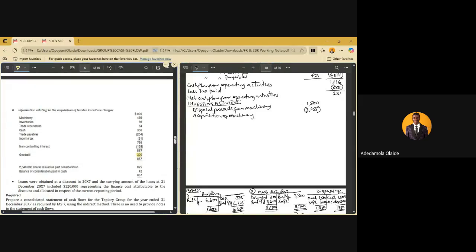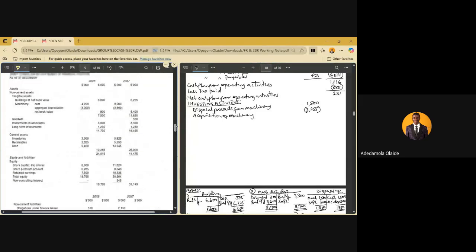Having done that, we've already ascertained goodwill. No issue with goodwill. Investment in associates.